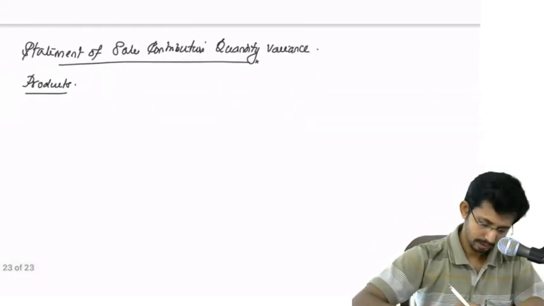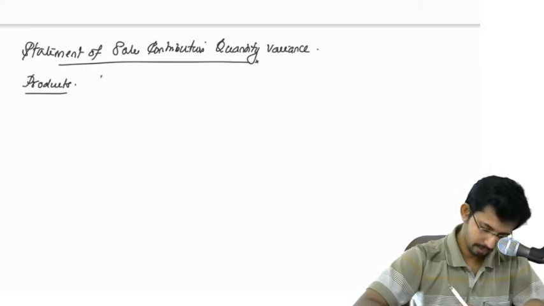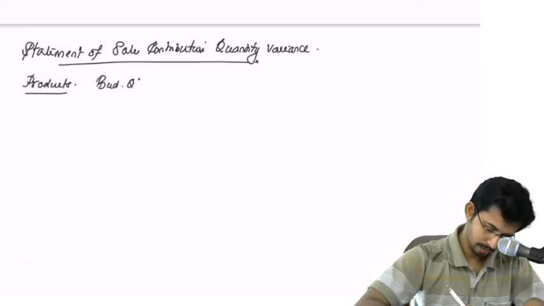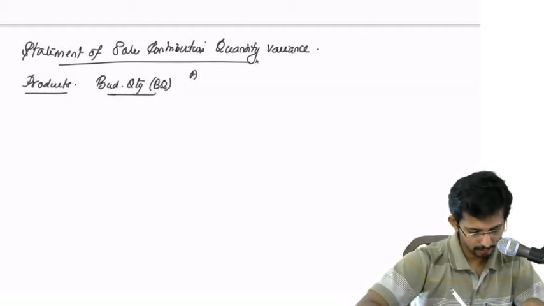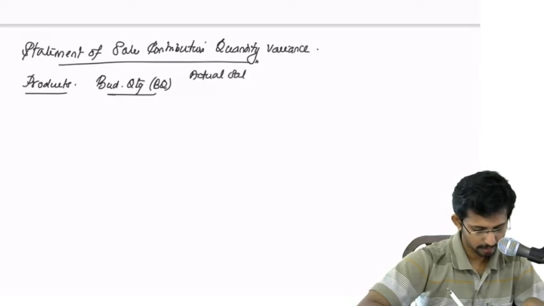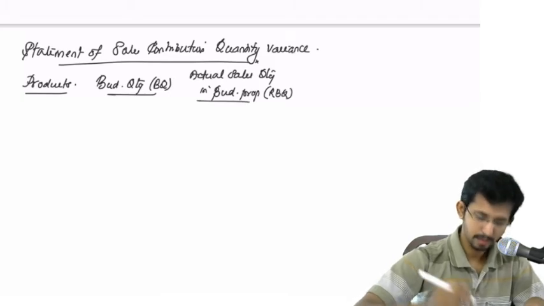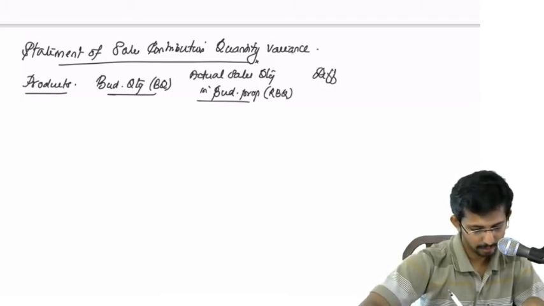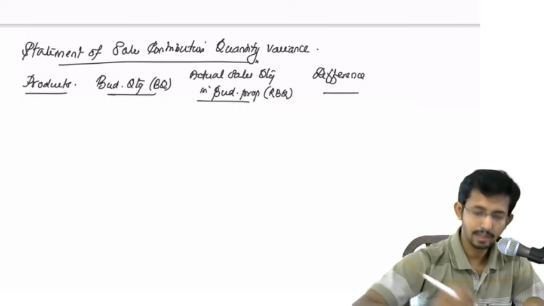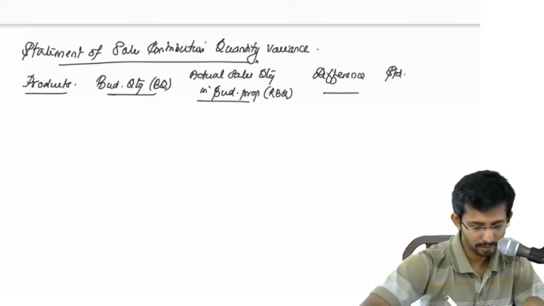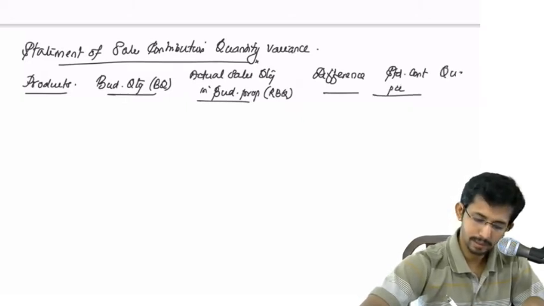Products, then you have budgeted quantity or BQ, then RBQ, then difference, then standard contribution, then quantity variance.